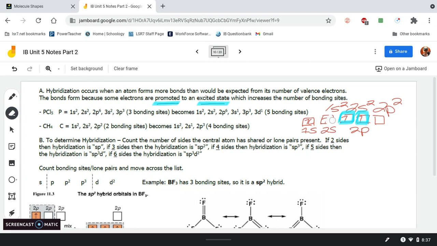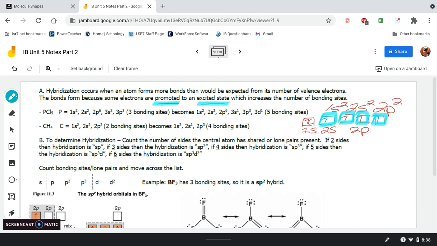This electron then is going to move, and it's going to create, let's draw it in blue because this is the one that's affected. So right there. This orbital here, one of its electrons hops over here, and now look, you just created another bonding site here, and you created another bonding site here.